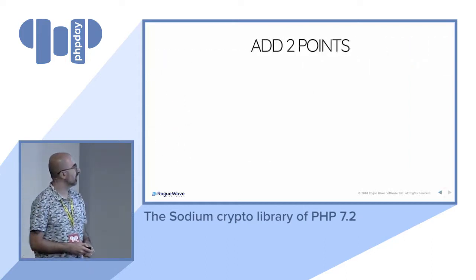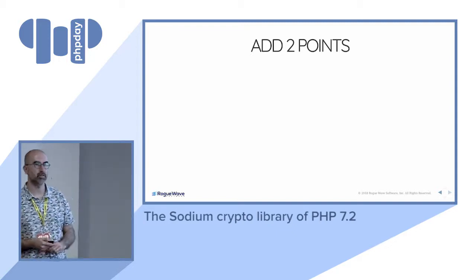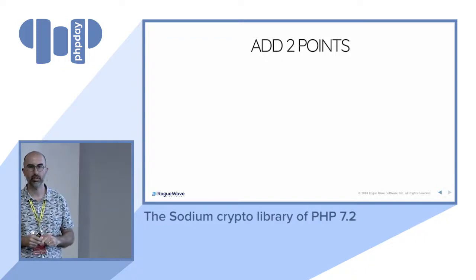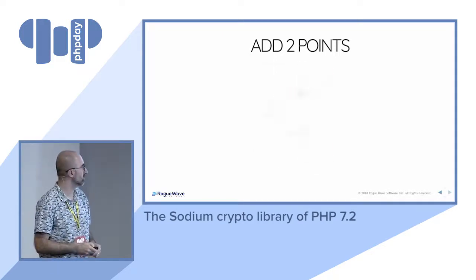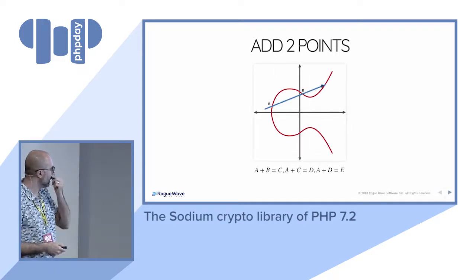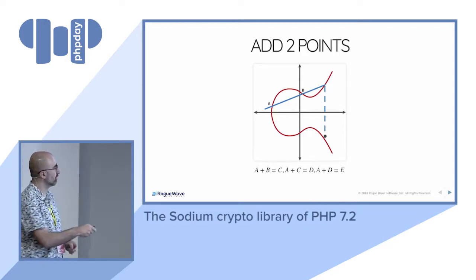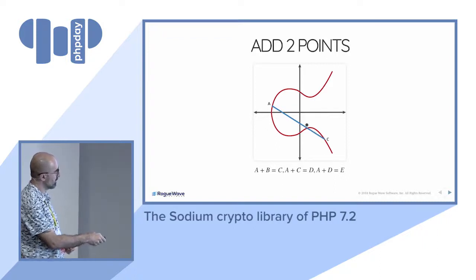Okay, let's define the sum of 2 points. Imagine that you have this curve on a plane, and you want to define the addition of 2 points on this curve. The addition is basically provided using this picture. For instance, let's say you have 2 points A and C in this case.